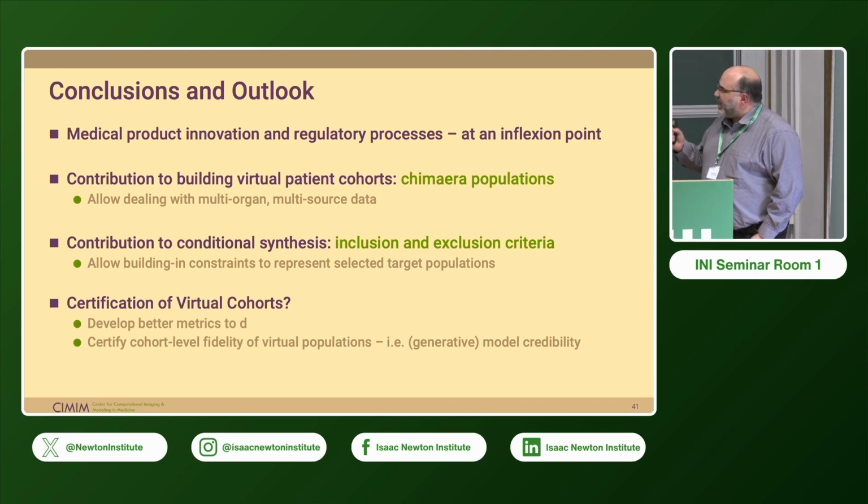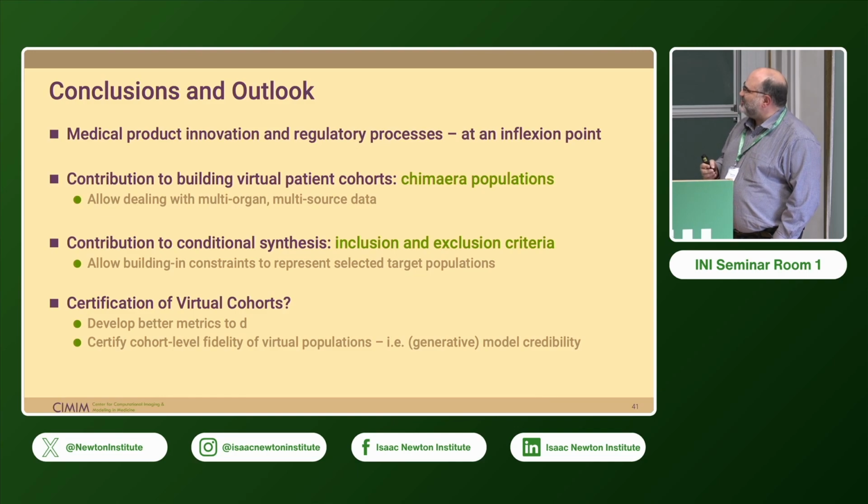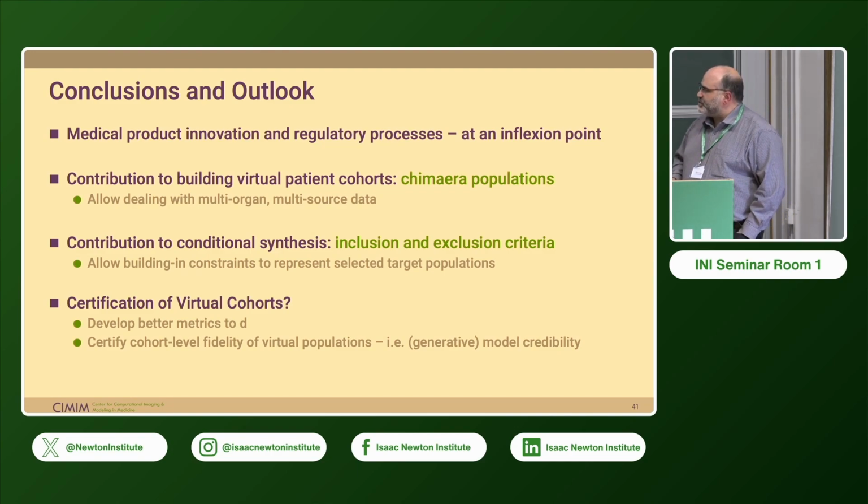So in summary, I hope that I have enthused you to the idea that we need to do something about the way that devices are produced, and that perhaps with these chimeric populations we have a way to deal with generating very extensive data sets. The idea that we're working on, I think, is quite important: incorporating inclusion and exclusion criteria.